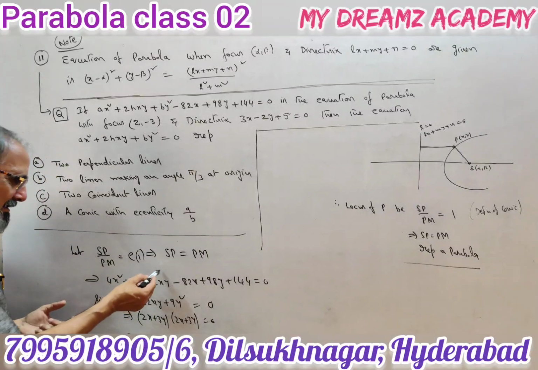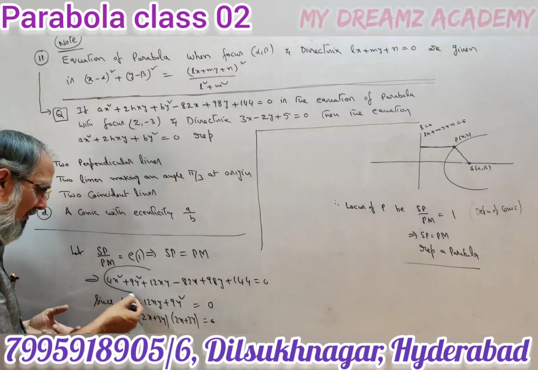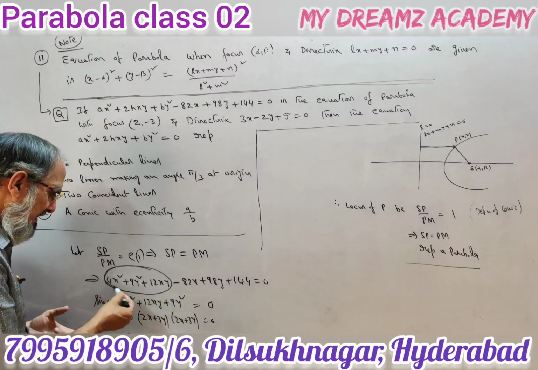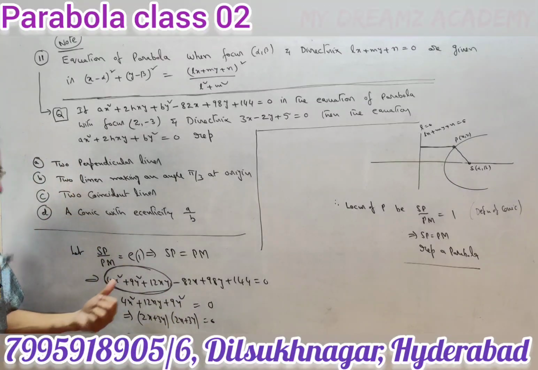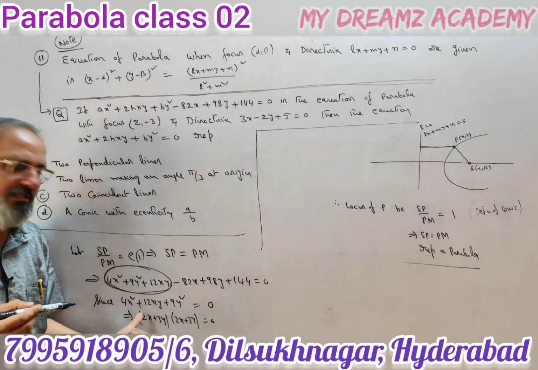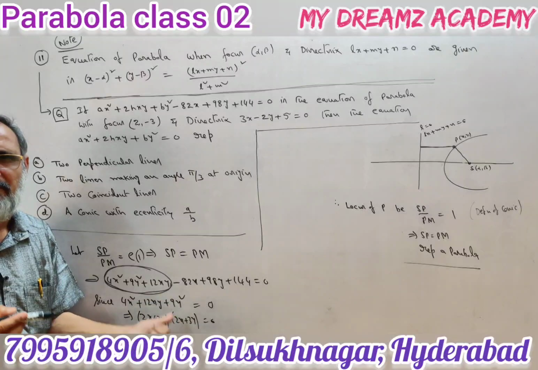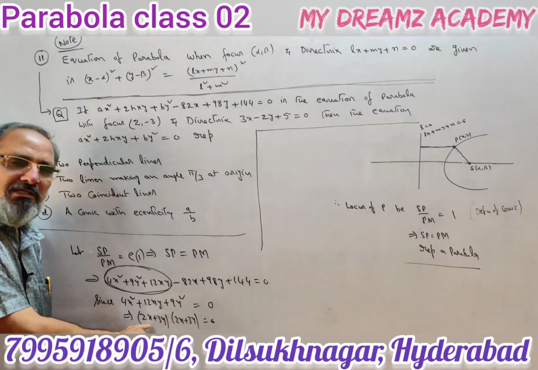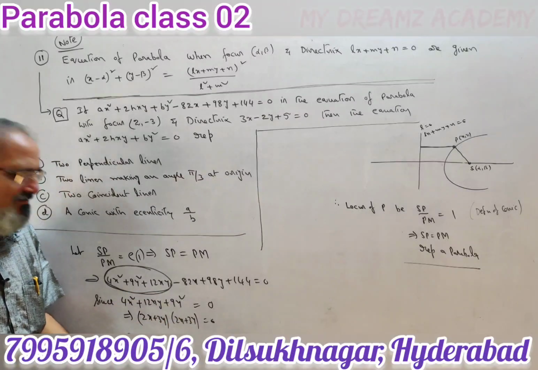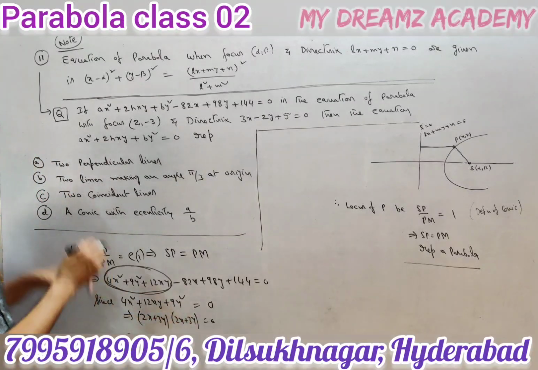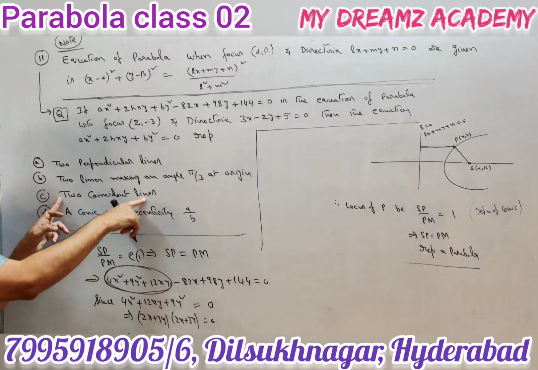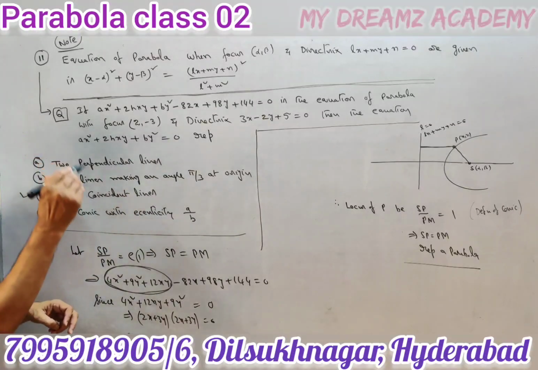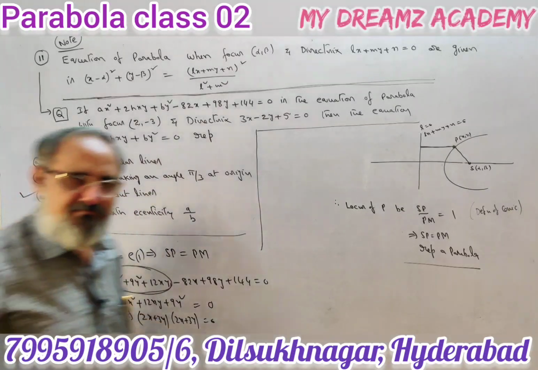They are asking what happens for the second-degree part. Since it is a homogeneous equation ax square plus 2hxy plus by square equal to 0, it factors as (2x plus 3y) into (2x plus 3y), which represents two coincident lines passing through the origin. This will be the answer.